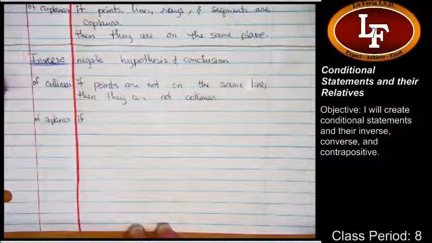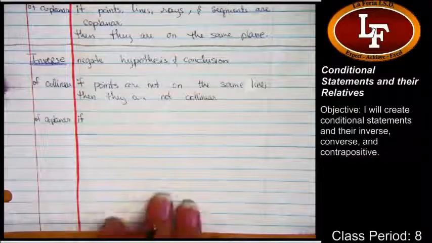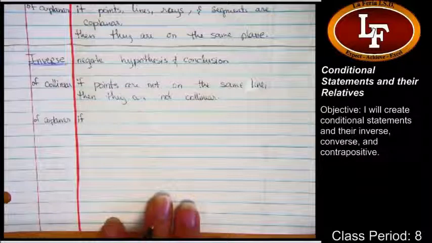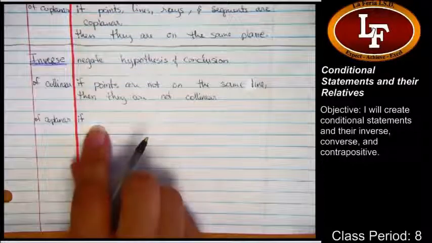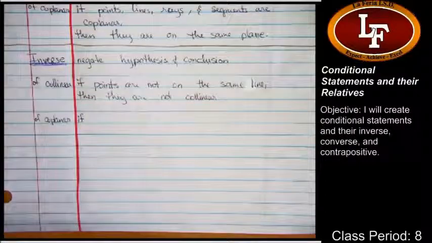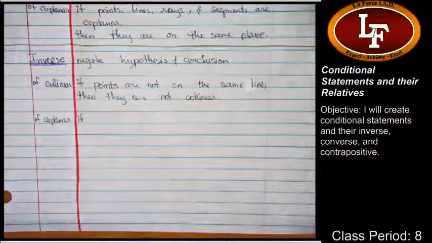The points, lines, rays, and segments are collinear when they are. Well, original. Was that our original, or was that the swapped one? Are on the same plane. All right? So the original hypothesis is points, lines, rays, and segments are on the same plane.